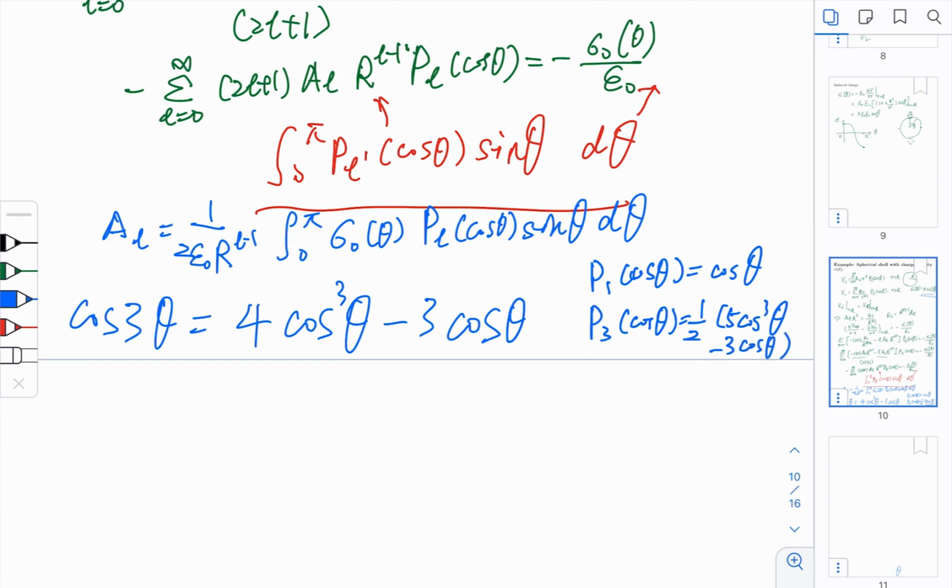And if so, this means that this term should be composed of P1 and P3 only. And if you do the calculations, I think you will arrive at the surface charge.